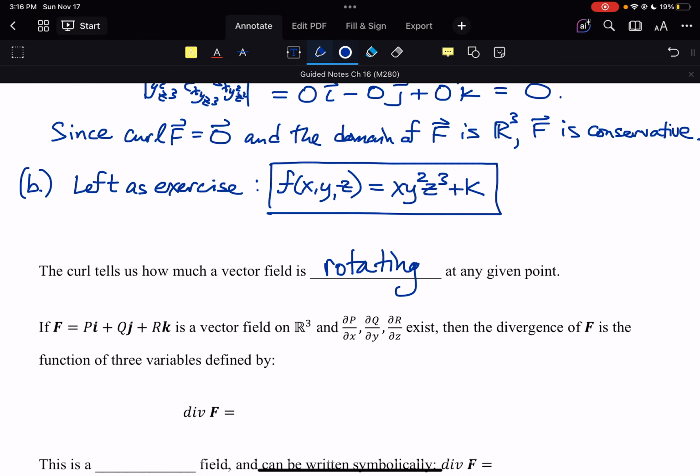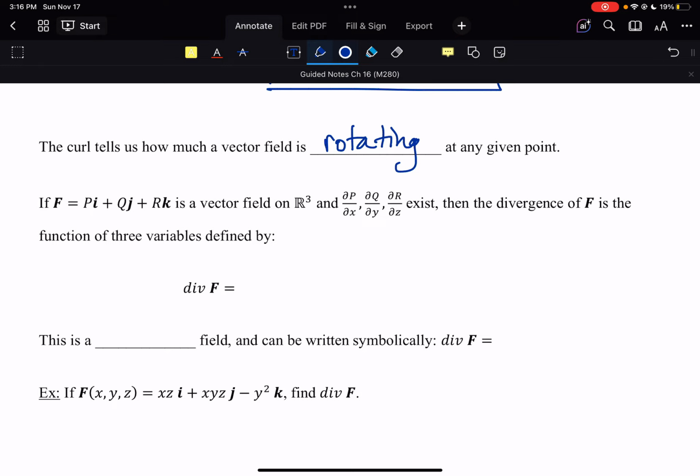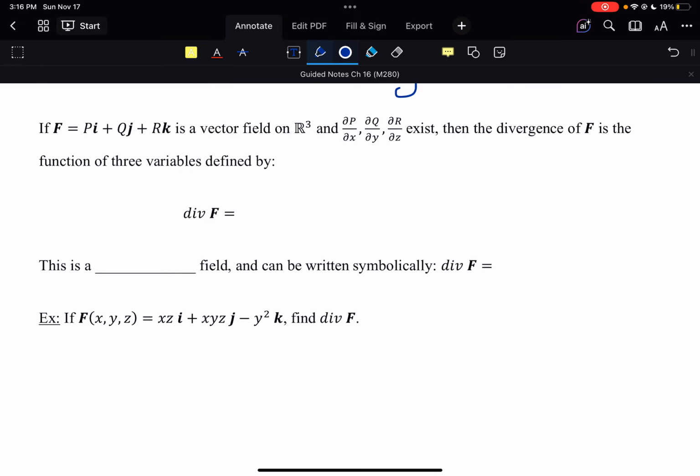The next topic that we're going to discuss in this section is that of divergence.